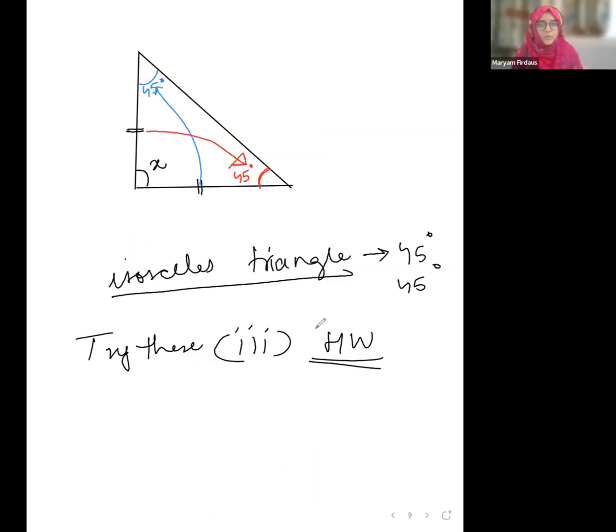Hiba, your next homework is to try these: question number 3 and number 5, and question number 6 as well. Remember, question number 6 is just like question number 4 itself, so don't get confused. So once again, what homework do you have?